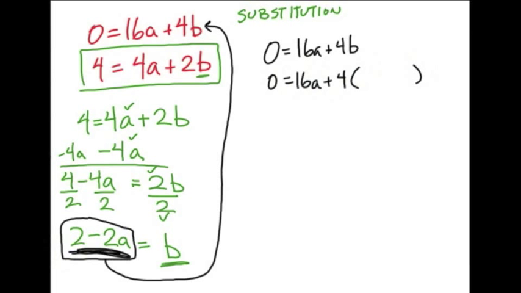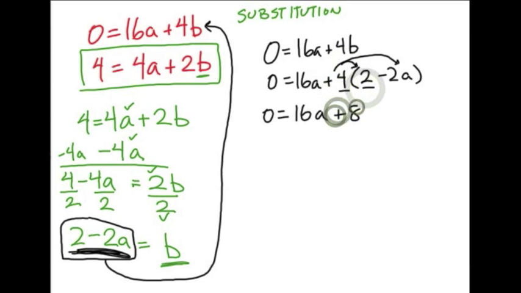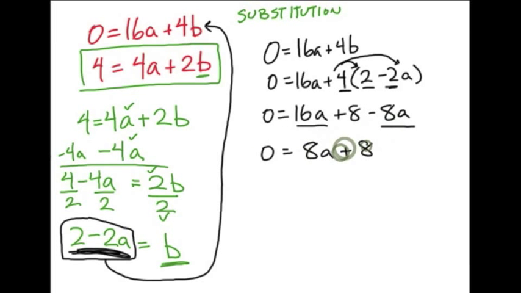Well, b equals 2 minus 2a. Well, let's see. 4 times 2 is 8. 4 times negative 2 is negative 8a. So now I'm going to combine like terms. 16a minus 8a would be positive 8a plus 8.